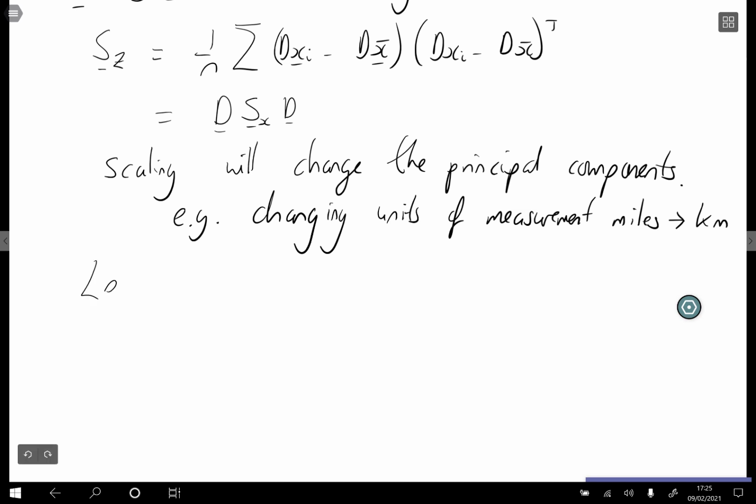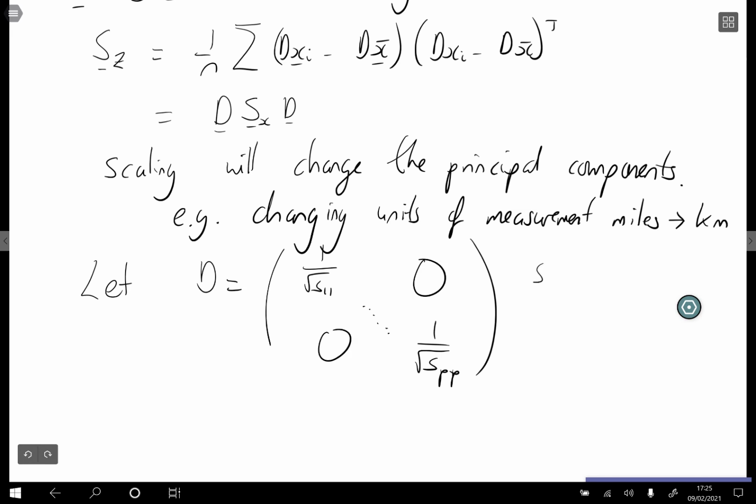If we let D be the diagonal matrix with 1 over square root of S11 down to 1 over the square root of SPP, where SII is the ith diagonal element of the covariance matrix of X, then we're standardizing all the variables.